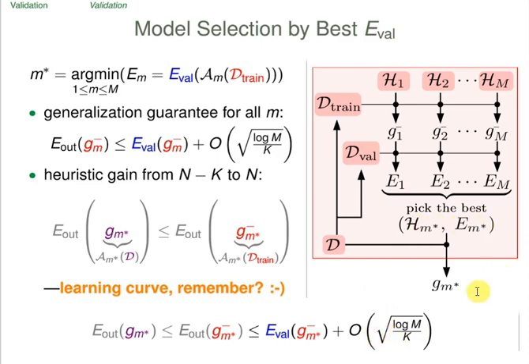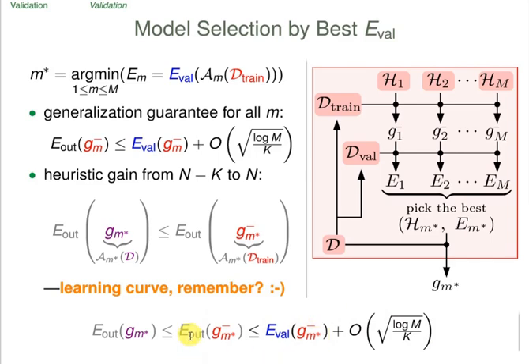Because here we want to minimize two terms, E val and then the complexity term, and if we have small K, the second term will not be small. On the other hand, if you have a very large K, we would get a reliable estimate of a worse quantity of E out.